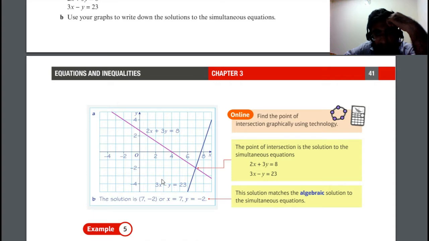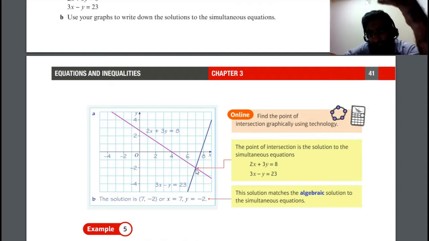There is a point x1, y1 which is on this equation as well as on this one. It satisfies both, so it has to be the point of intersection of the two equations.